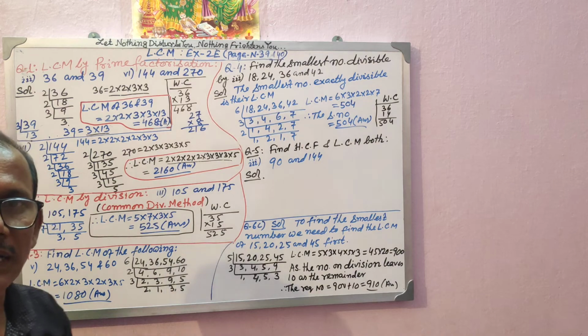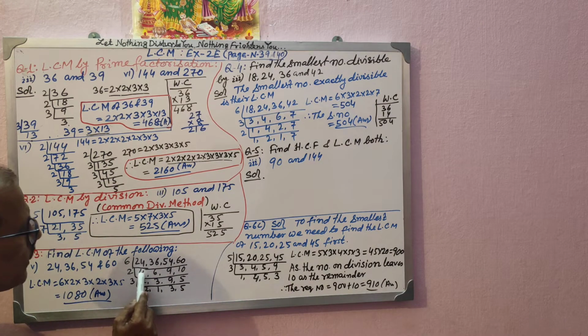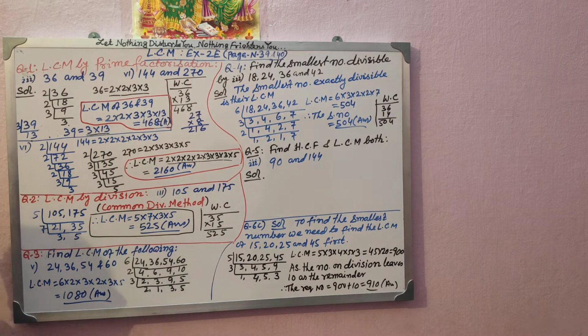Could you understand? But for LCM, if among the numbers two numbers are getting divided, see 4, 6 and 10 will be divided by what? 2. You have to continue the procedure. So 2 can divide: 2 2s are 4, 2 3s are 6, 2 5s are 10, but 9 cannot be divided, so 9 you have kept as it is. Could you understand?